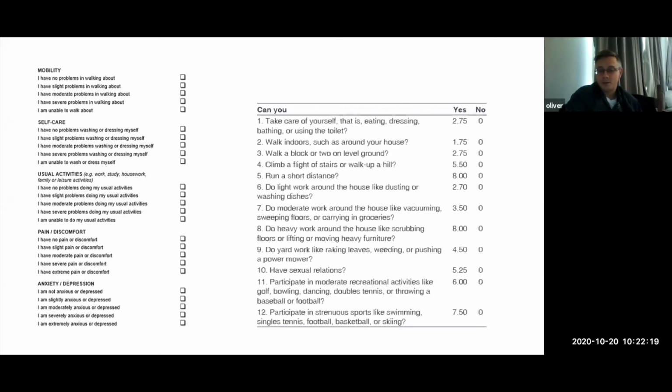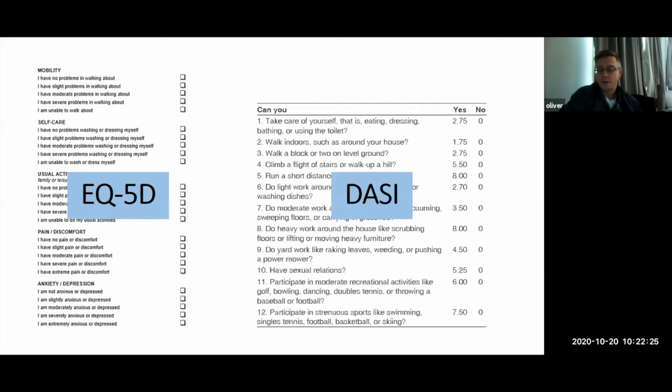Just to give you two examples of scales that are used, the one on the left is the EQ5D, which is the European Quality of Life 5-dimensional survey, and you probably can't read that because it's all printed very small, but it measures how much patients are able to do in terms of mobility, self-care, their usual activities, pain and discomfort levels, and anxiety or depression.